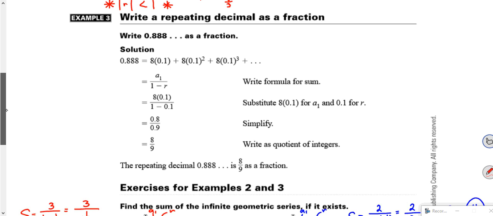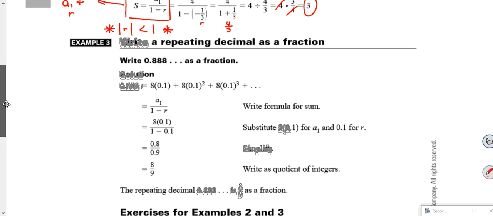There are several different ways to do this repeating decimal thing, but I really like this one the best. Years ago, I was helping my son do this, and they did it in a different fractional way. But once you understand series and sequences this way, I think it makes a lot more sense.